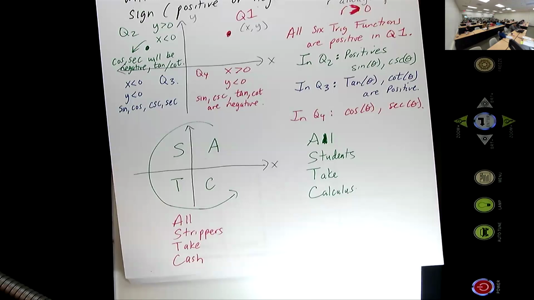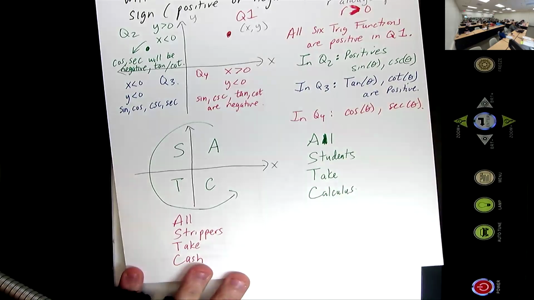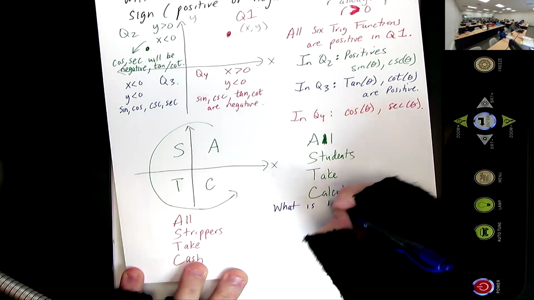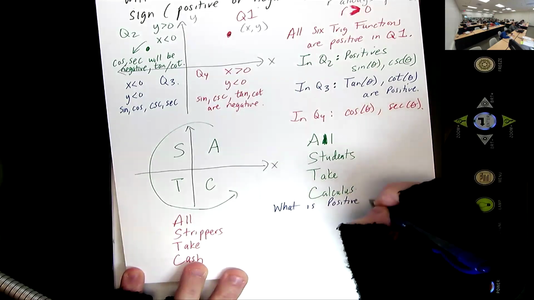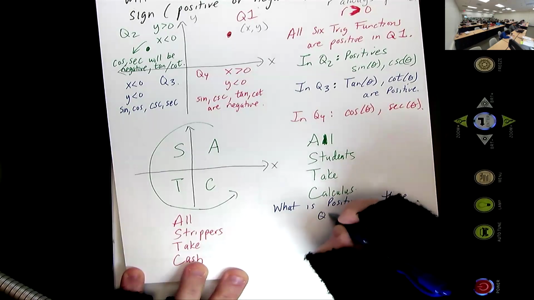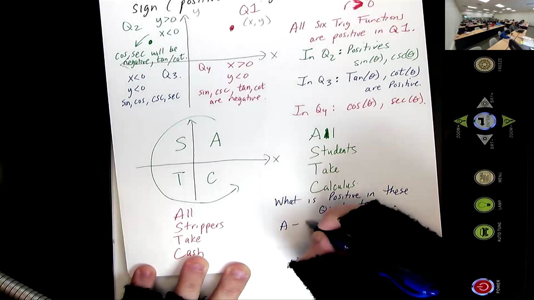All right, so what does the acronym represent? It really tells us what is positive in these quadrants. A, all of them.